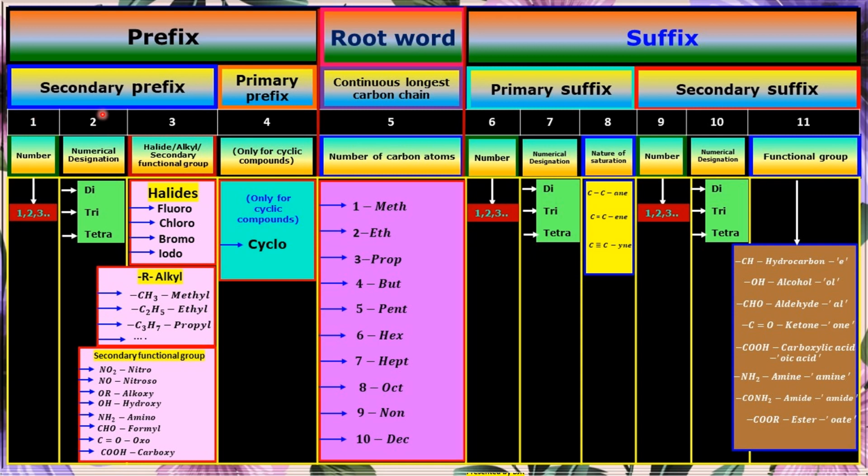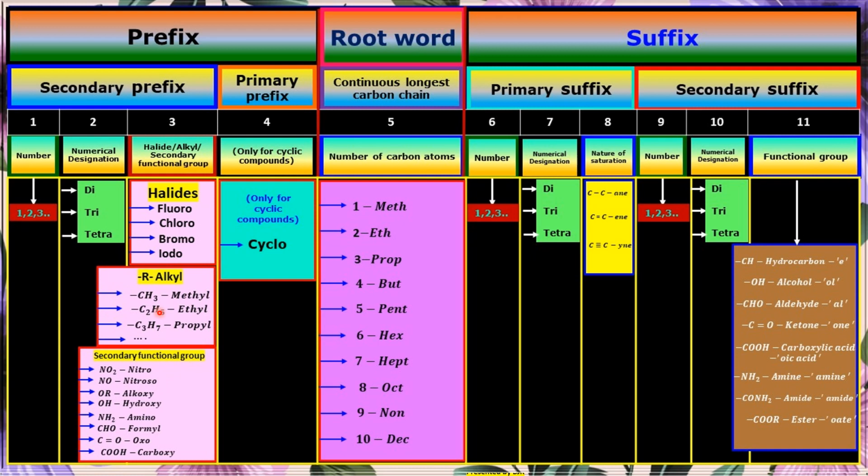And secondary prefixes, these are nothing but substituents, halides. If fluorine is present, fluoro, chloro, bromo, iodo, like this. And if alkyl groups are there, methyl, ethyl, propyl, like this. And among these, functional groups can be used even as secondary prefixes also. If NO2 is there, it is nitro, NO, nitroso, like this.